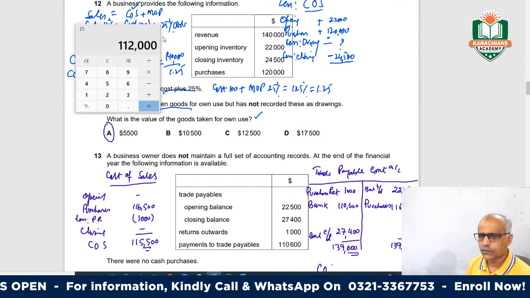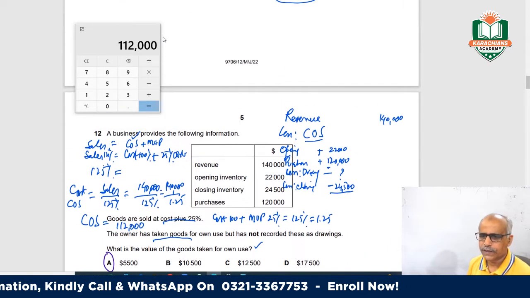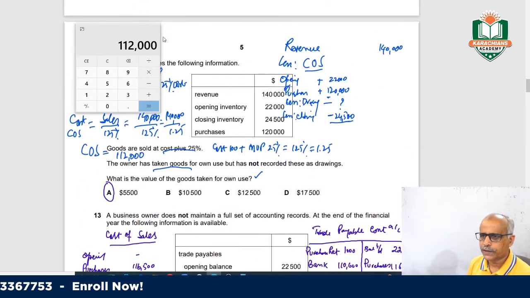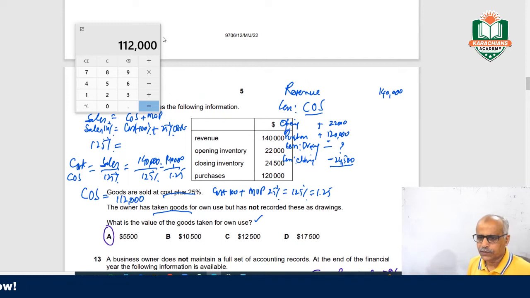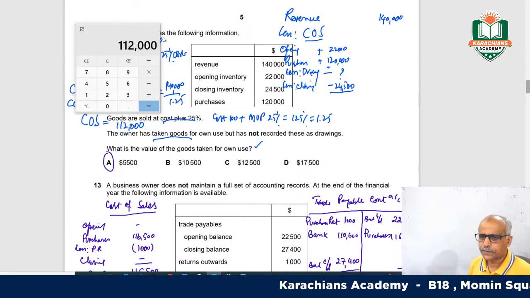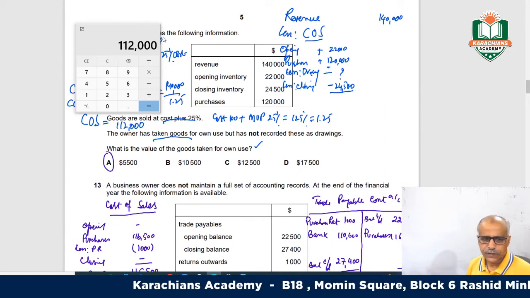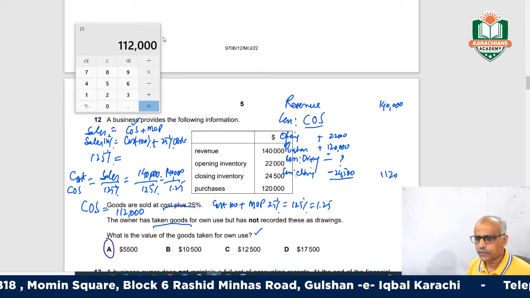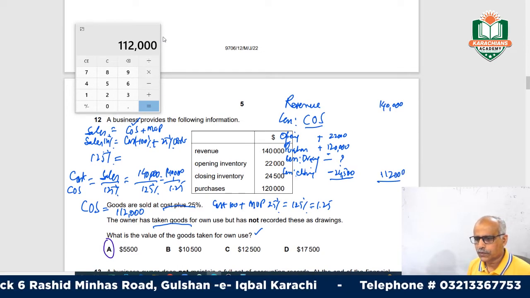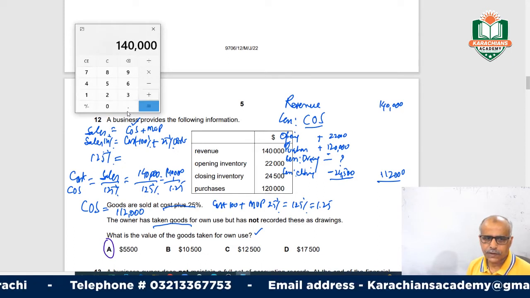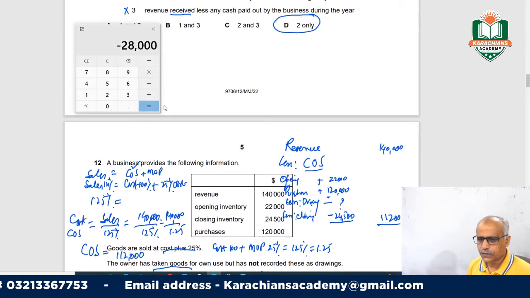This will be your cost of sales. But cost of sales you already have, and that is 112,000 that you have worked out. If you deduct cost of sales from 140,000, 28,000 is your gross profit.